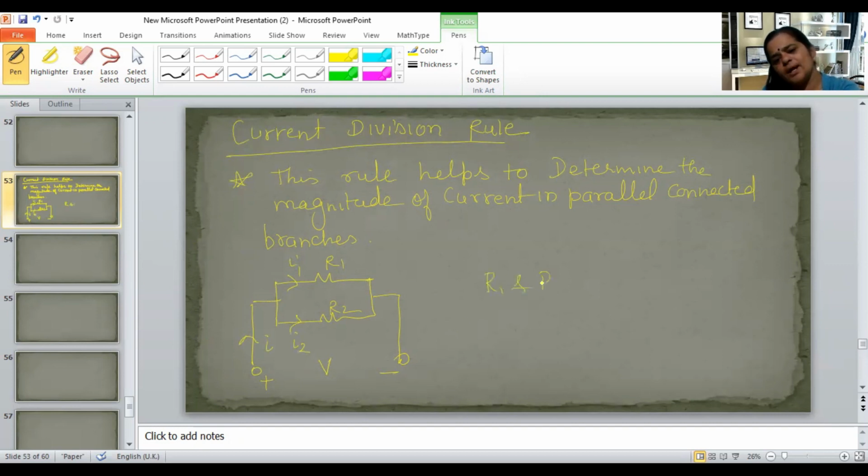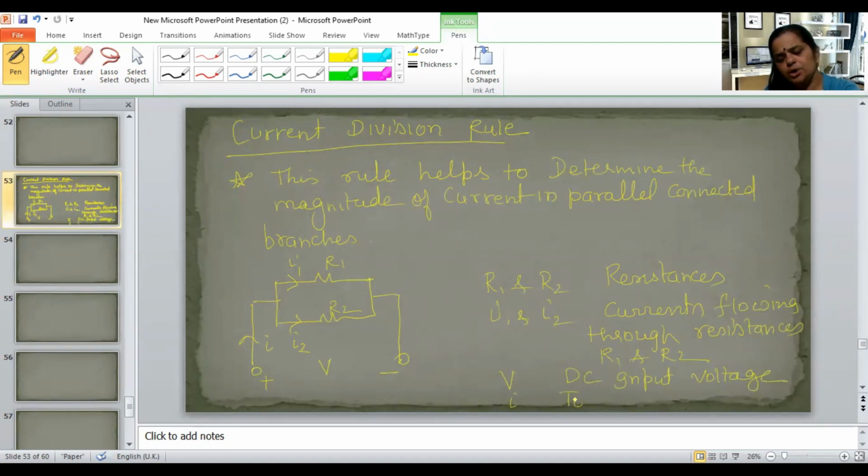So R1 and R2 are the resistances connected in parallel, I1 and I2 are the currents flowing through R1 and R2, V is the DC input voltage and I is the total current flowing in the circuit.